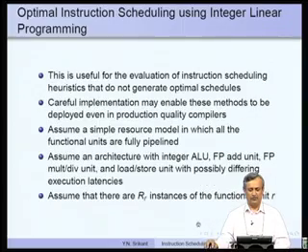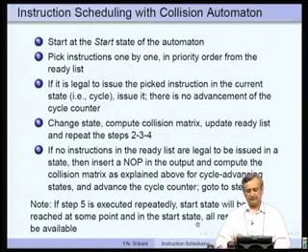So, this is how the collision automaton works. The advantage of the collision automaton is that we do not have to do any checking of the resources using reservation tables etc. That is all inbuilt in the collision automaton itself.